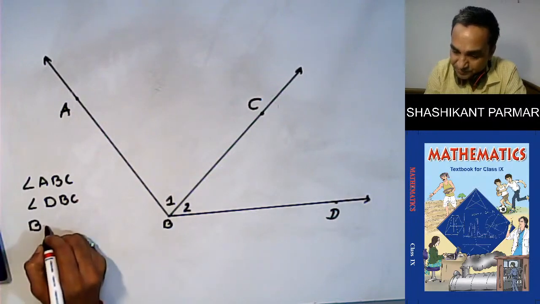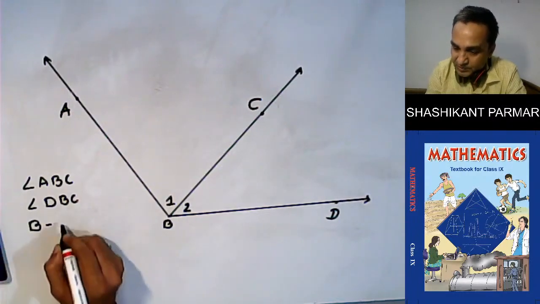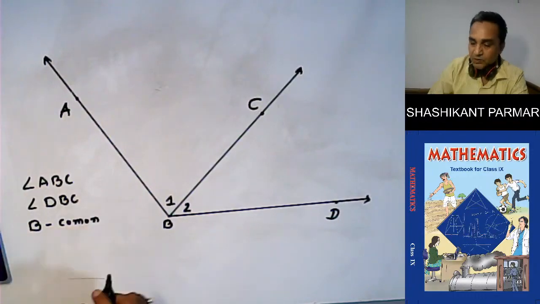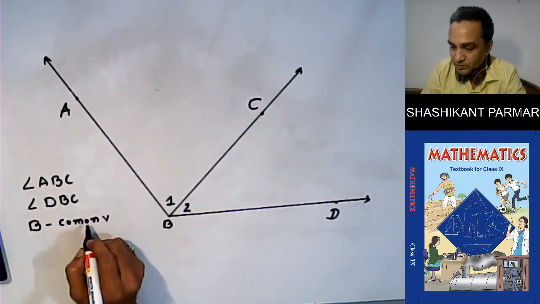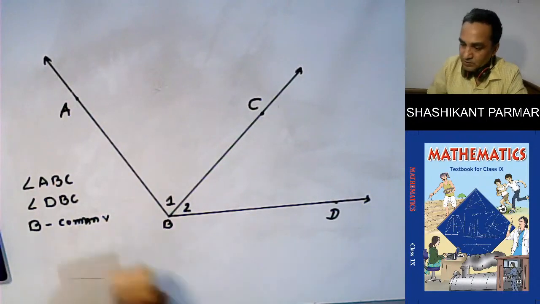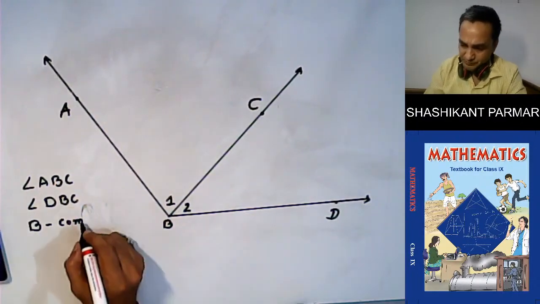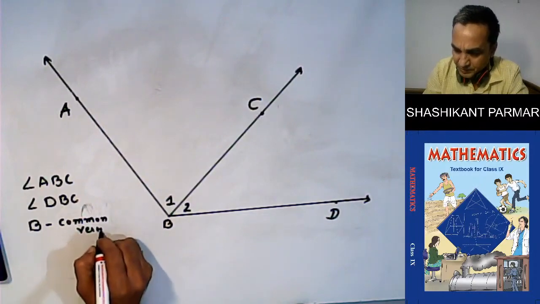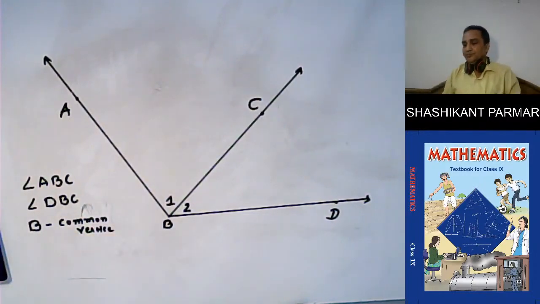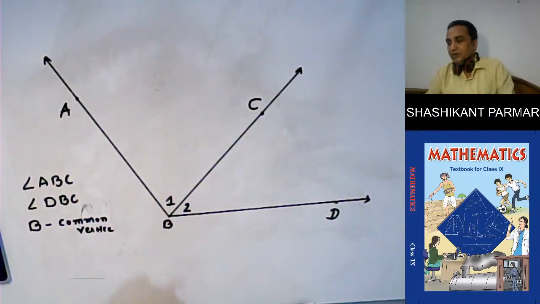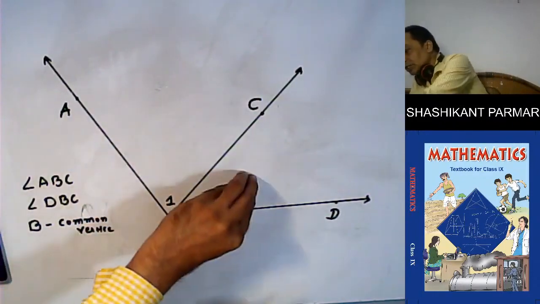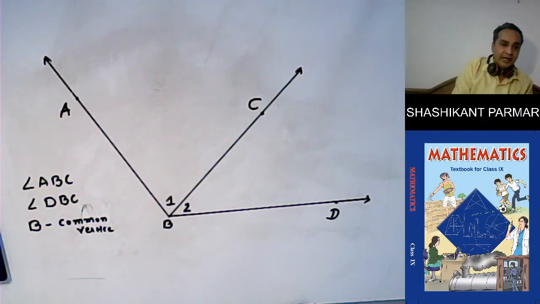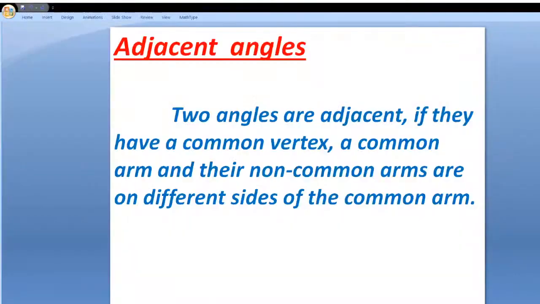So, B is the common vertex for both angles, for angle 1 and for angle 2. And what is the common arm?